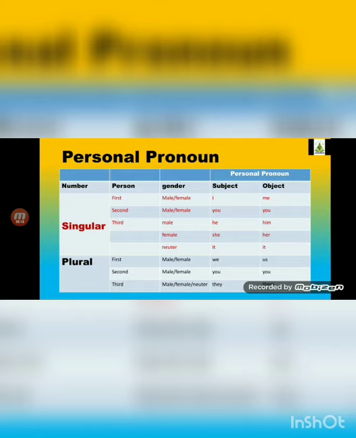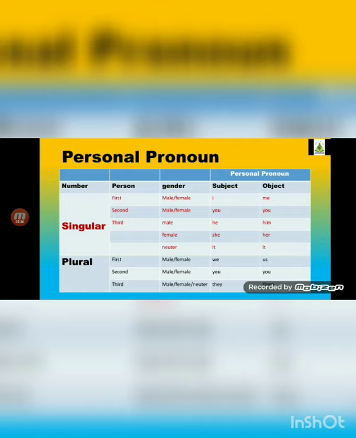Now, third person, the third person pronouns he, she, it, they are used when we talk of anybody or anything else.